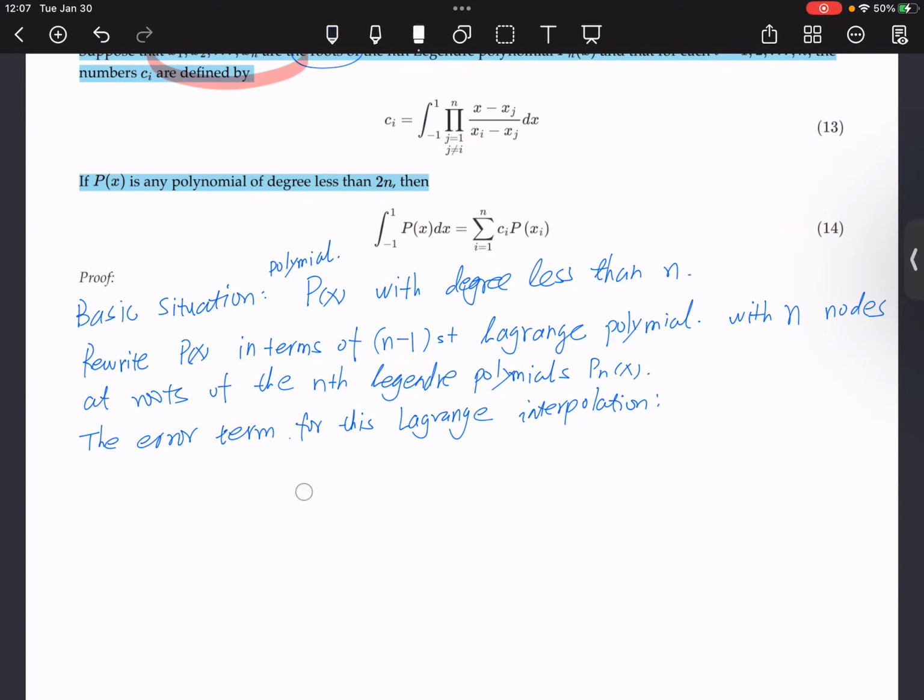So we have p(x) here, and we have the n-th derivative evaluated at somewhere, that is ξ(x). And then ξ(x) is in between a and b, that is -1 and 1 here, divided by n factorial. And then (x minus x1), and then all the way to (x minus xn).